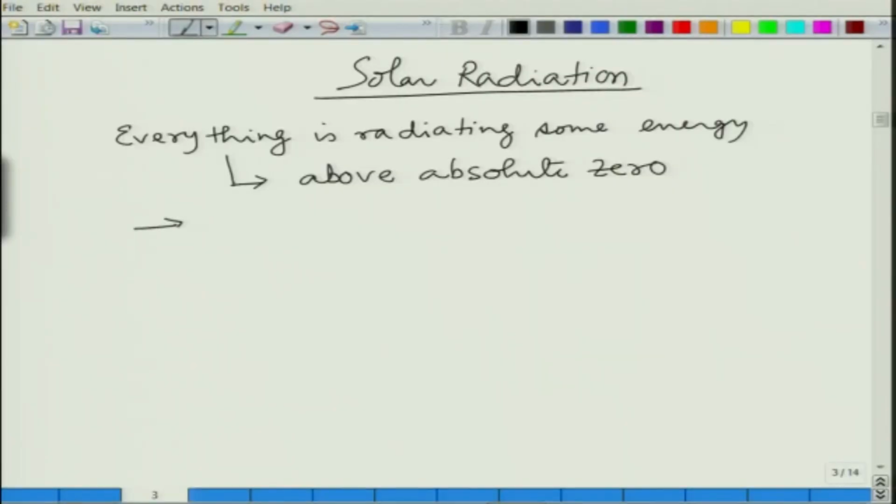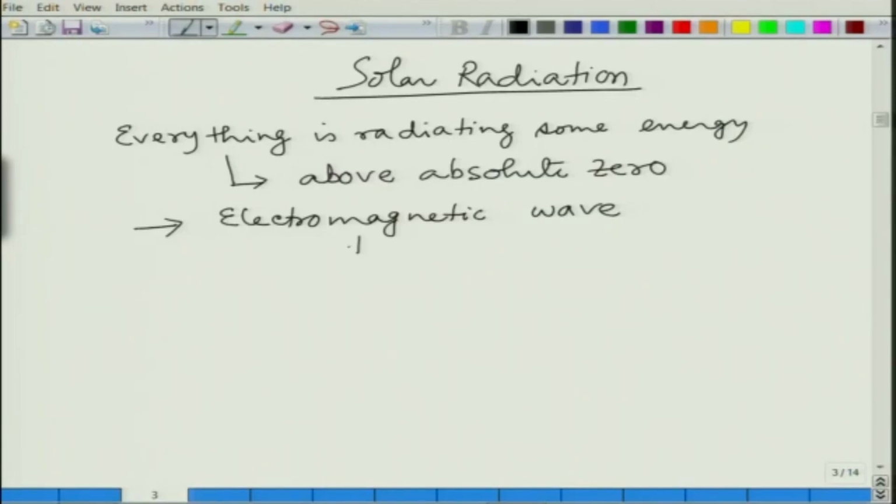And what is the form of that energy? That, we call electromagnetic wave. Okay. So, all these energy that is getting radiated, those are in the form of electromagnetic wave.